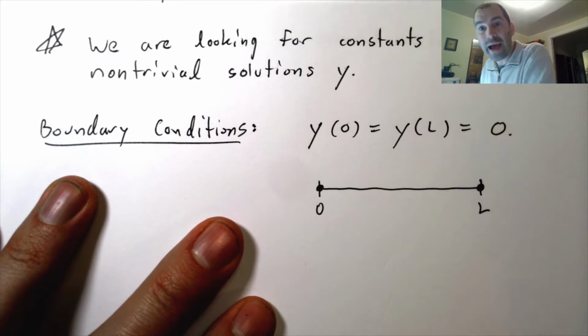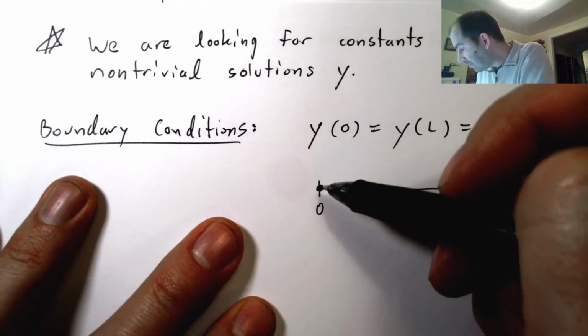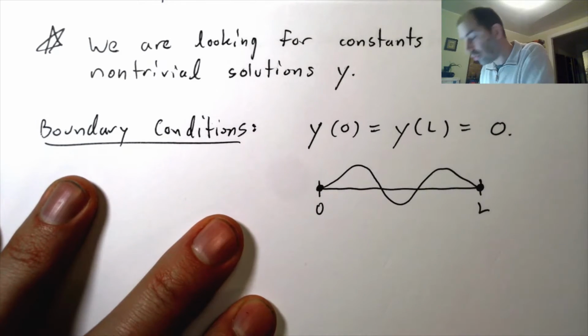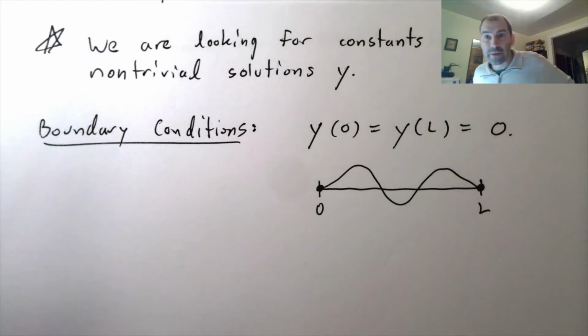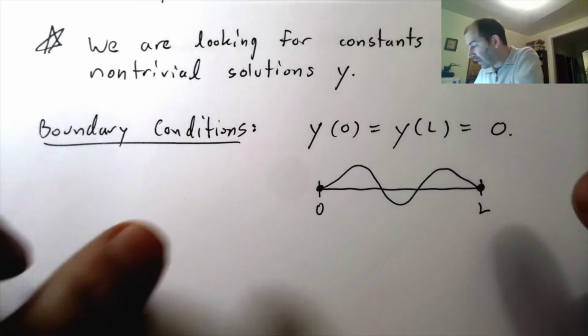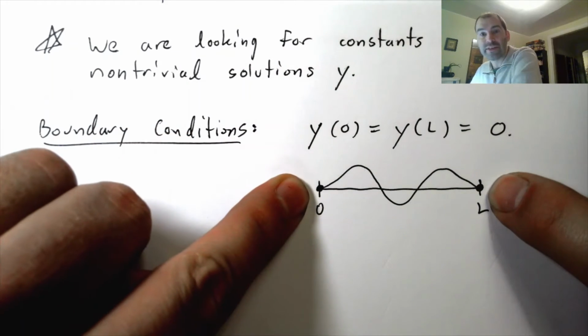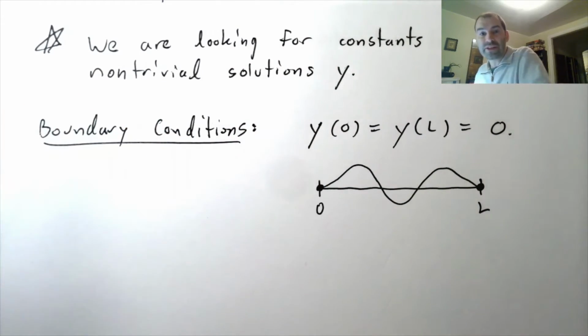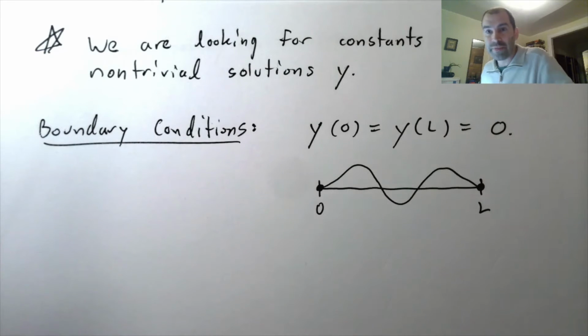It's pinned down at the endpoints of the interval. In between, we don't know what it does, right? But we're just requiring that it's pinned down at these endpoints. We are going to consider different boundary conditions later on, but I want to focus on these for now, okay?